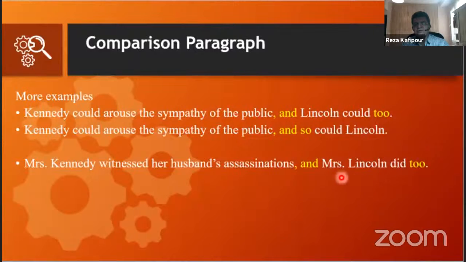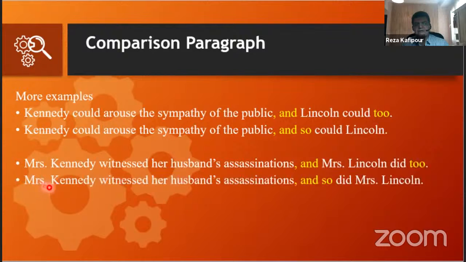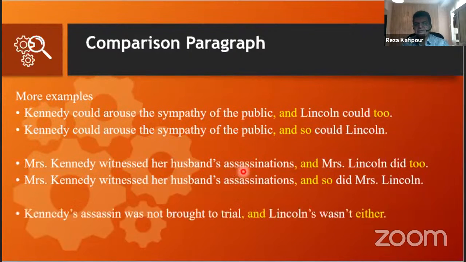So: second object or person, auxiliary verb, "too", or the same sentence again by "and so": Mrs. Kennedy witnessed her husband's assassination, comma, and so did Mrs. Lincoln. So we are talking about this point that both Mrs. Lincoln and Mrs. Kennedy witnessed their husbands' assassination. So it is a kind of comparison based on similarities.